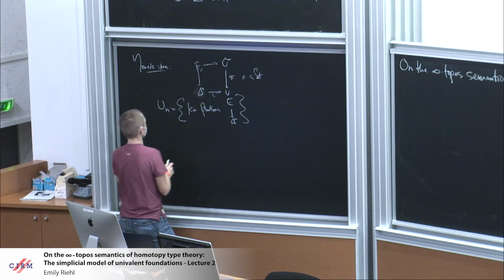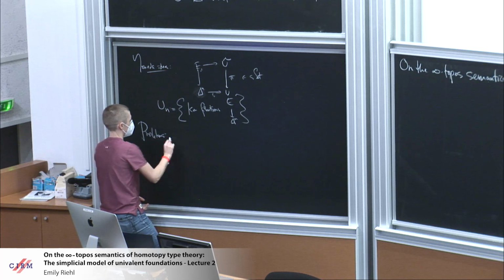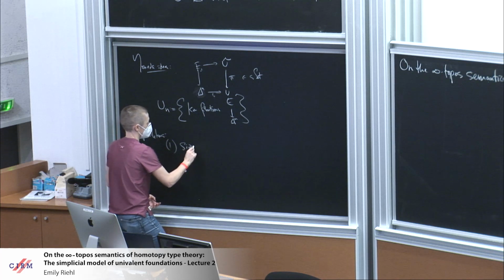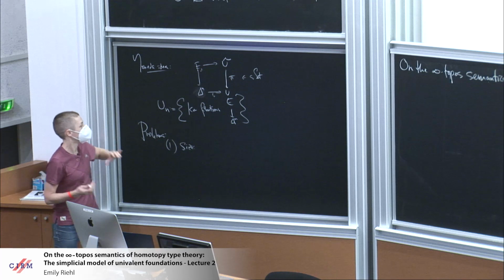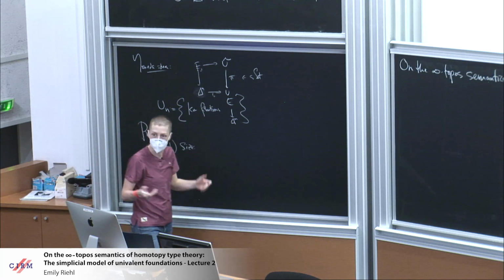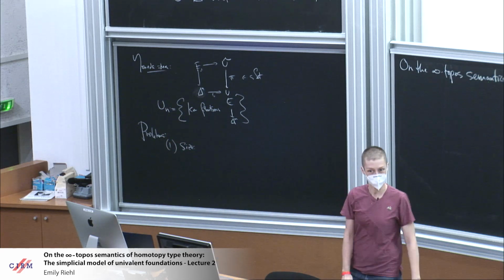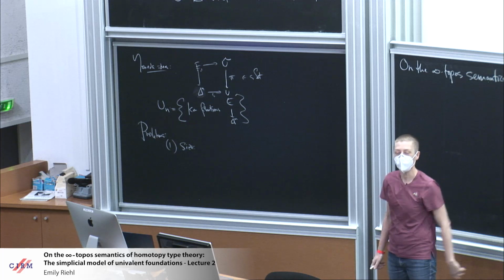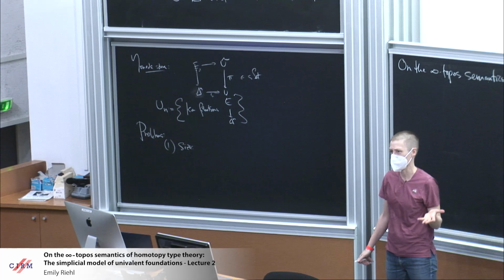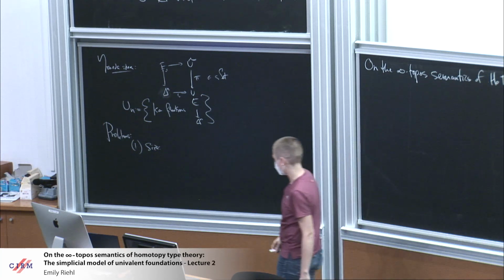Okay, but there's some problems with this idea. So the first problem is there's an issue of size here. If I don't have any restrictions on the size of the simplicial set E, there's sort of too many of them. Even if I do impose restrictions on the size of the simplicial set E, one of the things Egbert mentioned is that in set theory there's a proper class of singleton sets, so there's just way too many sets.